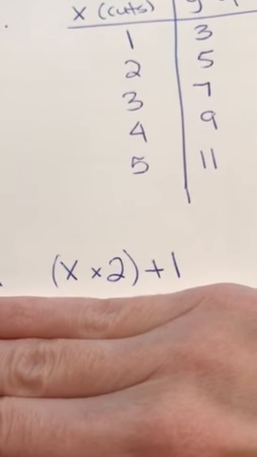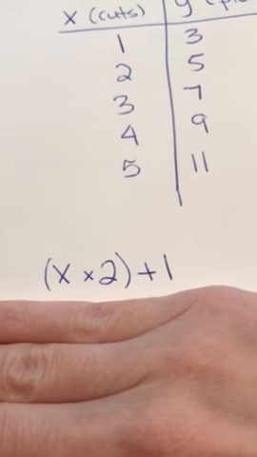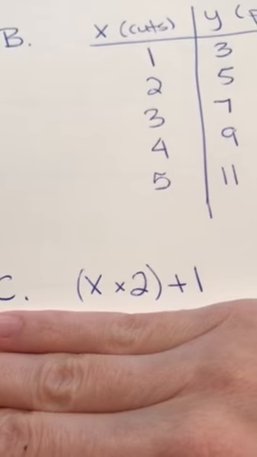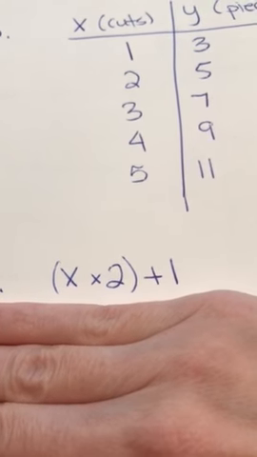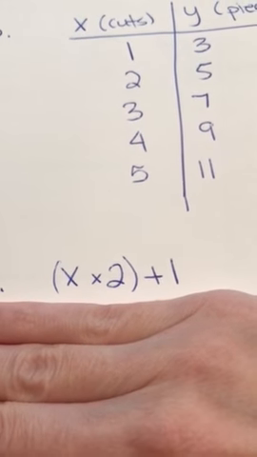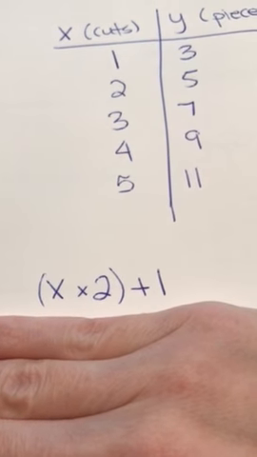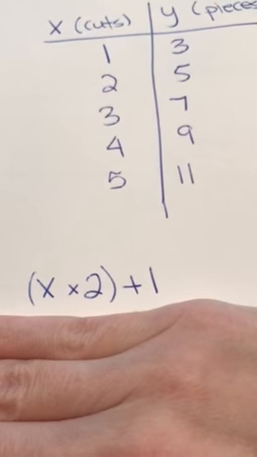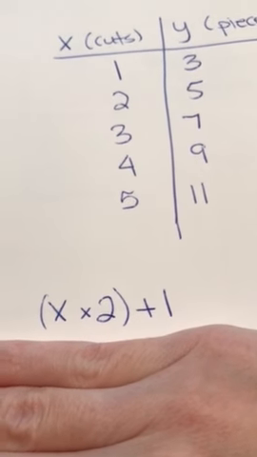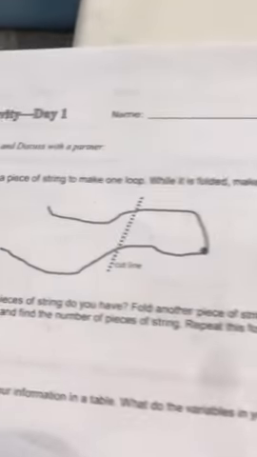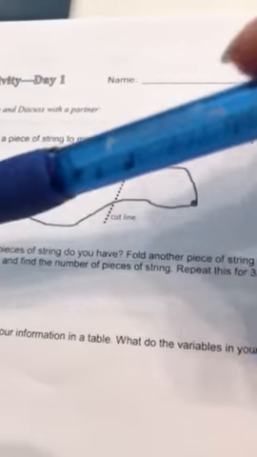Okay, and some of you might be thinking, well, where am I getting that plus 1 from? Does anybody know? Think about it. Where am I constantly adding the plus 1 every time? If you were thinking, well, she's getting the plus 1 from the original string, you would be correct. So I have that original string. Here it is, this original piece of string.